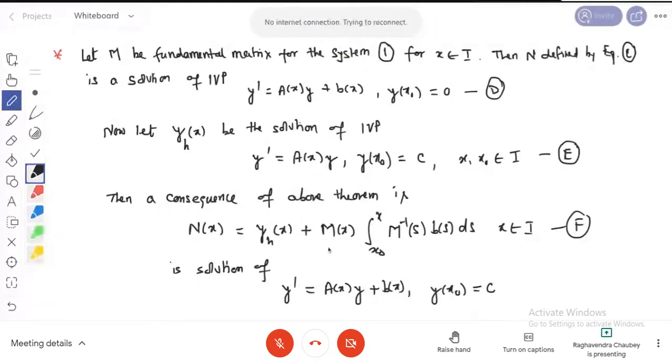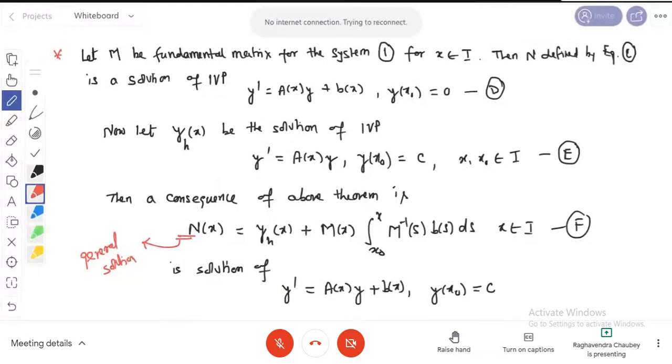So here y N(x) is simply your general solution. This portion we have already done in the previous class.